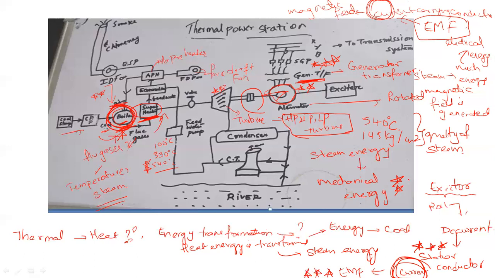This is done in three phases, R, Y, B. The voltage generated is 13.75 or 15 kV, and with the help of the transformer it will go up to 220 kV.